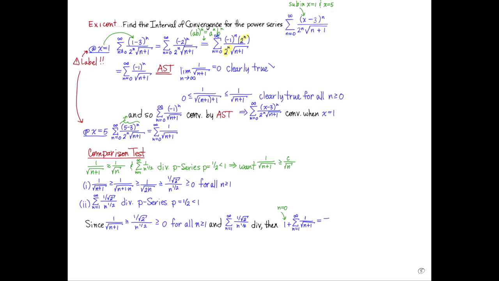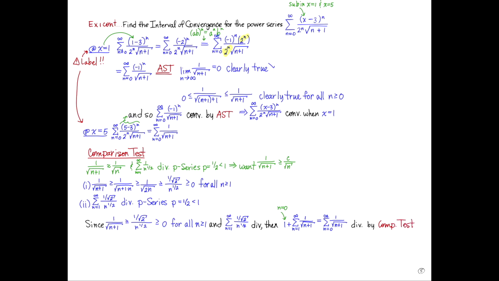Letting us rewrite this as the sum from n equals 0 to infinity of 1 over the square root of n plus 1 diverges by the comparison test.